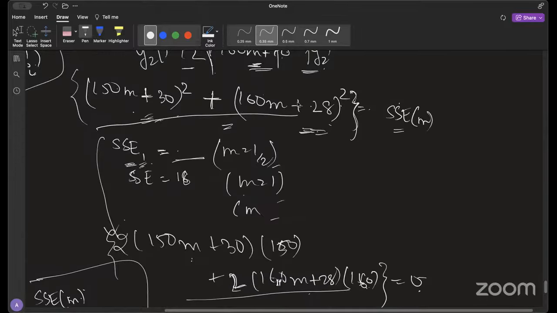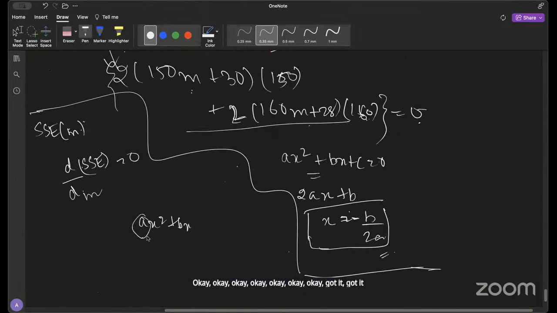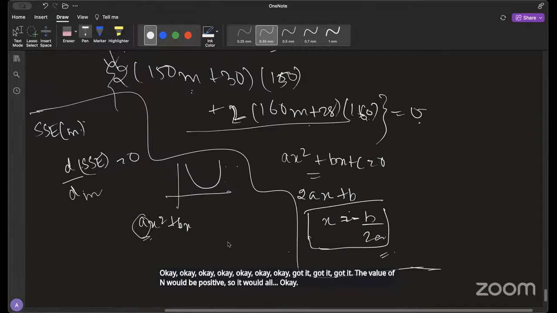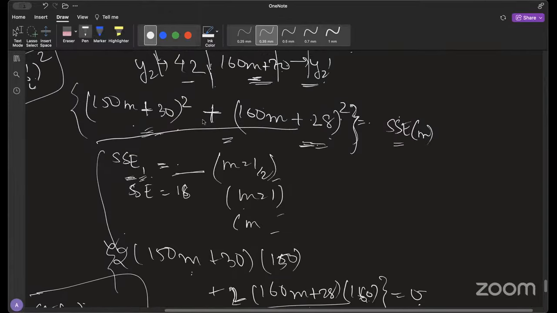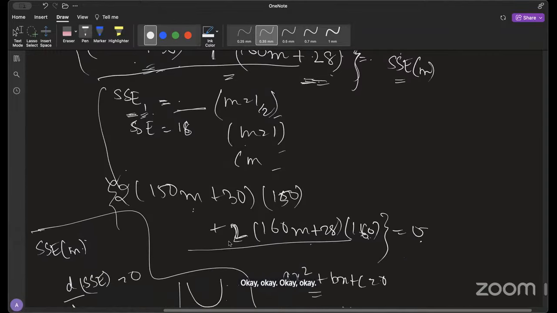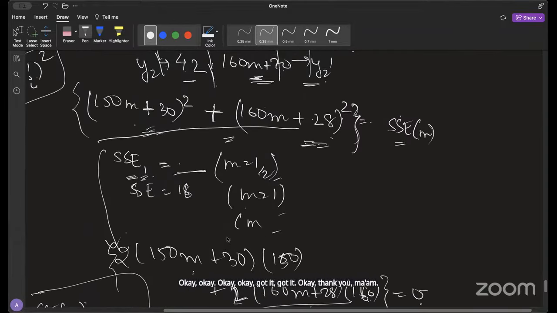If you solve this entire thing, the coefficient of m will be positive, so the parabola is always of this form in this case. But you don't have to worry about that. If m is negative, then you have a square here. Okay, got it. Okay, thank you, ma'am.